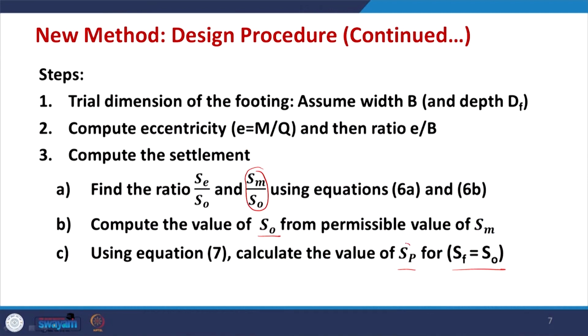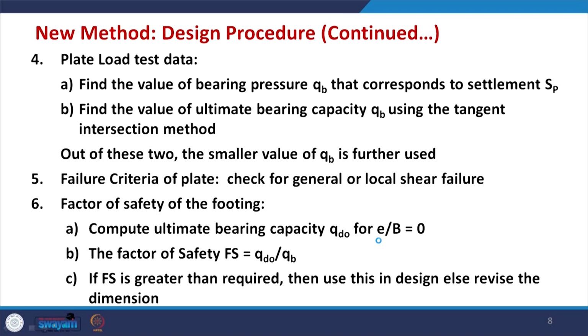Using the load settlement curve, we also find the bearing pressure using the tangent method, and whichever value of q b is lower from methods A and B should be used further. We will discuss one numerical example and then things will be very clear, do not worry about it.